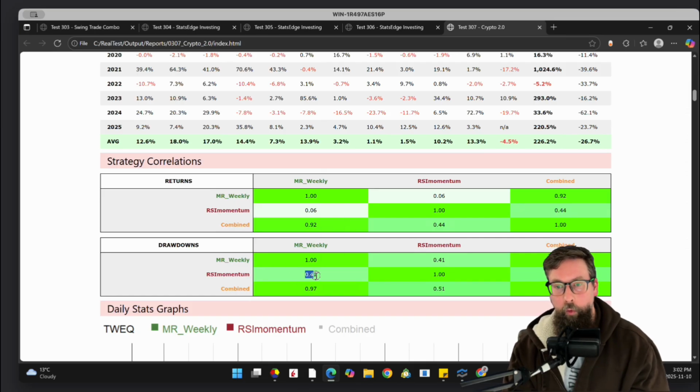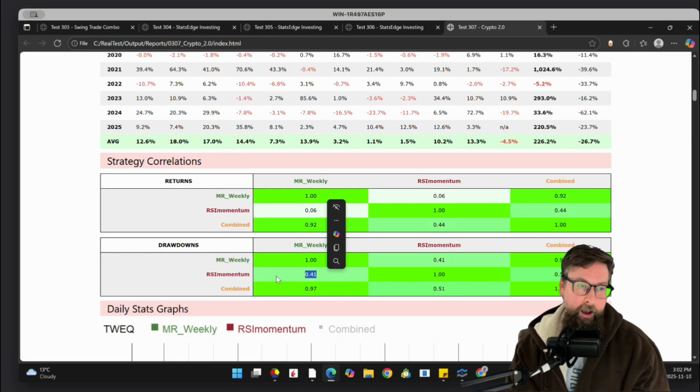So a 0.4 correlation is pretty high. So it means that this momentum strategy is working pretty well with the mean reversion strategy. And that's not what I want to see. I want to see this number being much, much lower, maybe in the 0.2s or below.